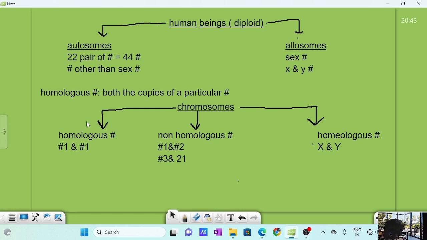Okay, like X and Y. X and Y are two different chromosomes. In the case of female, it will be XX. In the case of male, it will be XY. So X and Y are treated as homologous in nature, because usually X and Y are different, right?